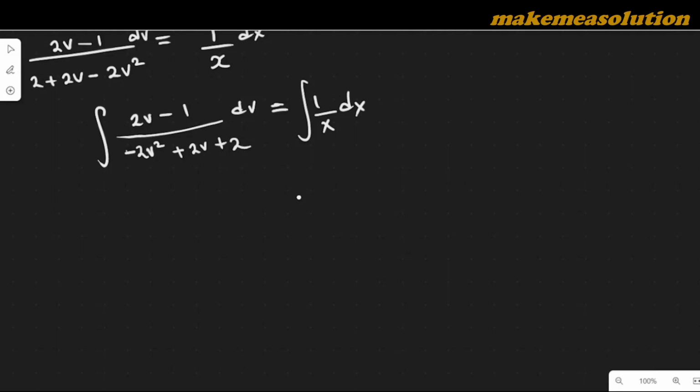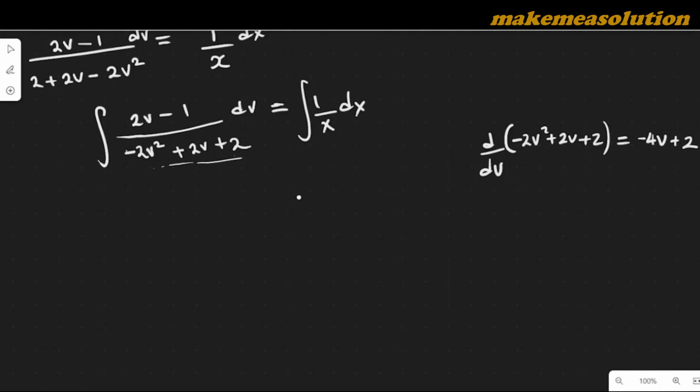Now consider the denominator of the left hand side, and say you want to differentiate minus 2v squared plus 2v plus 2 with respect to v. What you're going to get is minus 4v plus what? 2. Very good. So minus 4v plus 2.